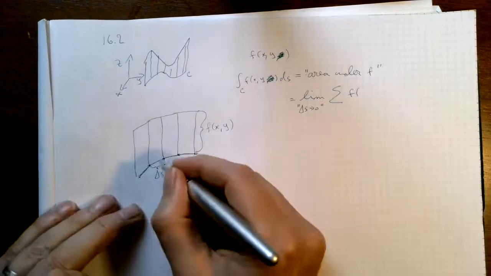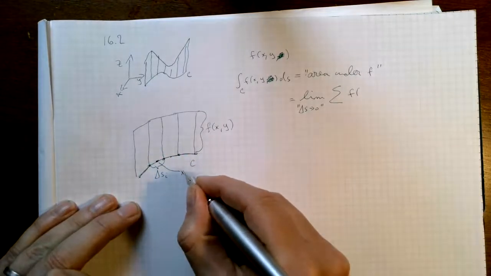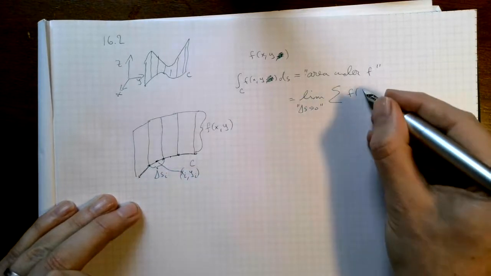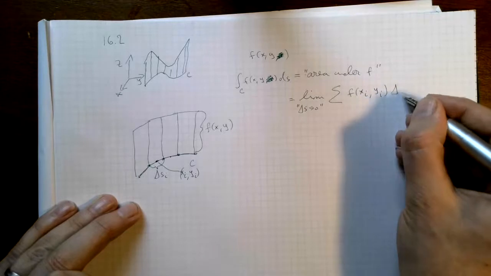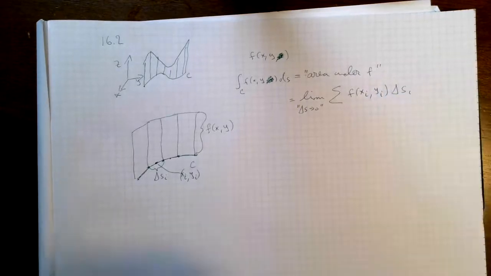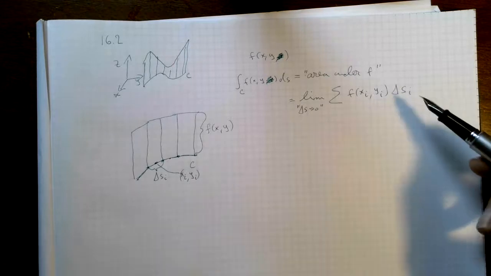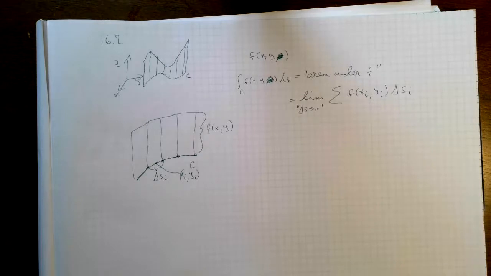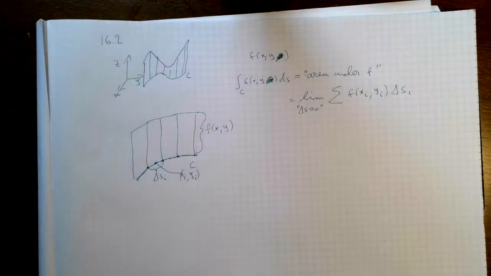Well, at each little piece here, we pick some point x_i, y_i, right? And so f of x_i, y_i times delta s_i. It again looks very much like the definition of the integral in one variable, right?